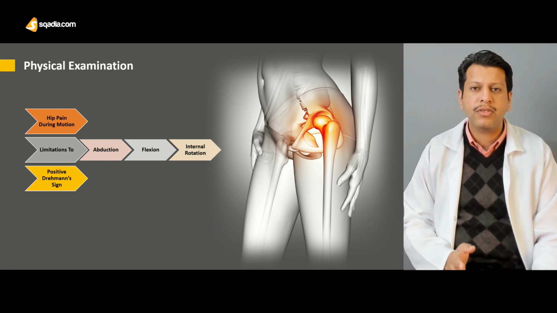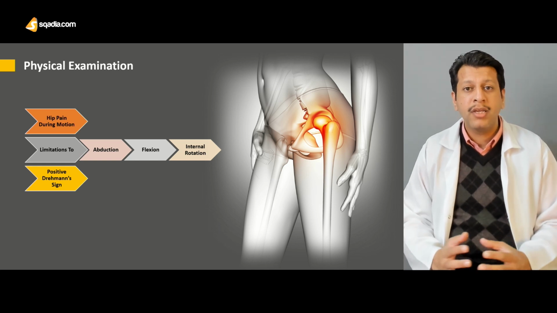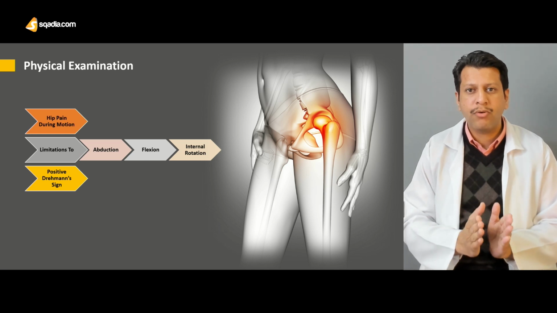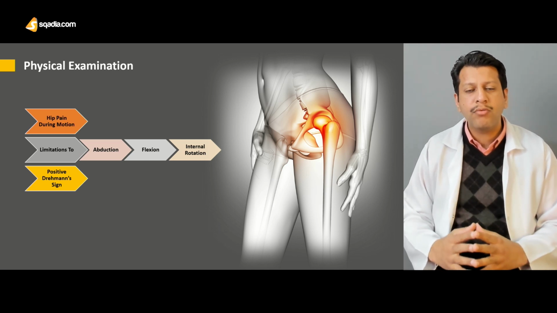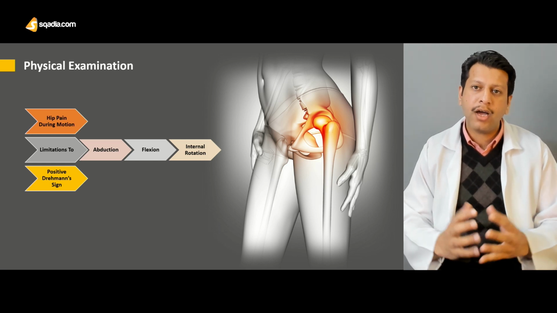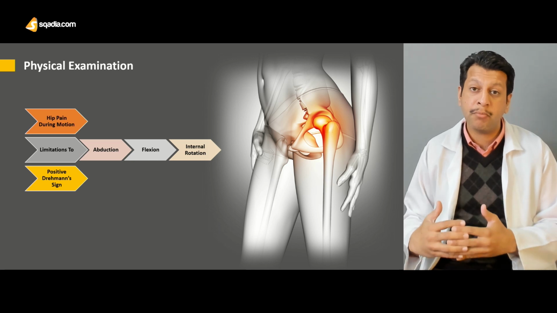Whenever we are flexing the hip, usually the knee should always point out towards the opposite shoulder normally. But in case of SCFE, it actually externally rotates slightly, so that it points out towards the ipsilateral shoulder. For example, in our case, the patient was having a problem with the right hip.